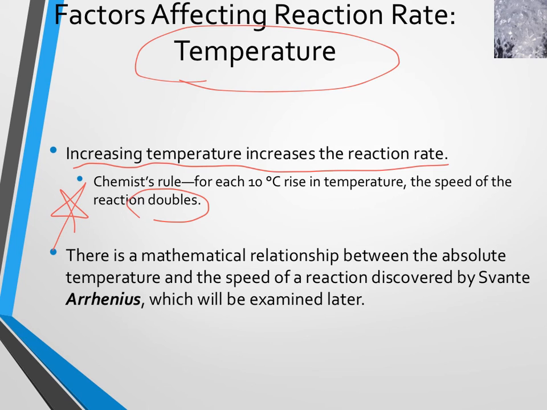There's a mathematical relationship where you can calculate change in rates as a function of temperature, and we'll look at that later, but just introducing this dude. He's Arrhenius. He did a lot of work with respect to kinetics and rates of reaction.